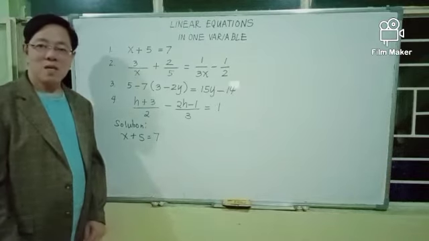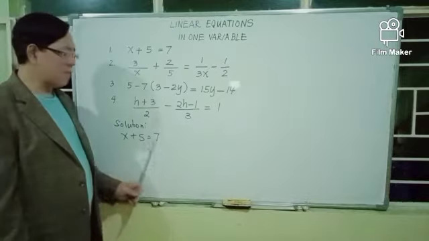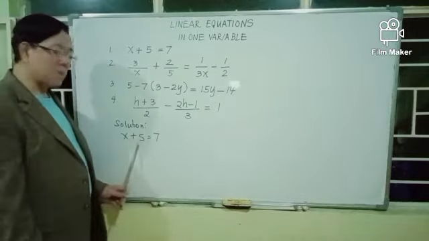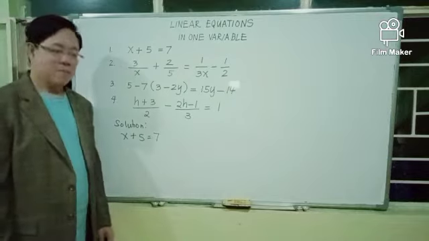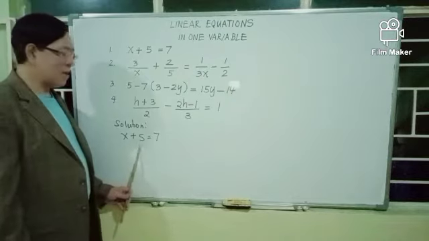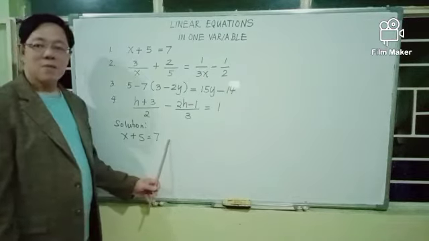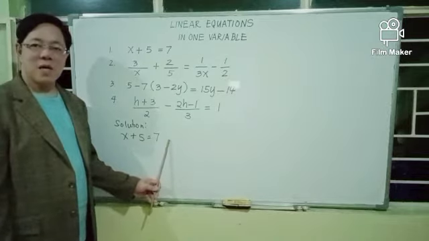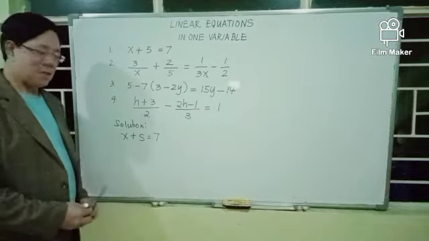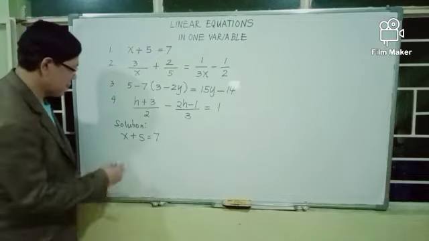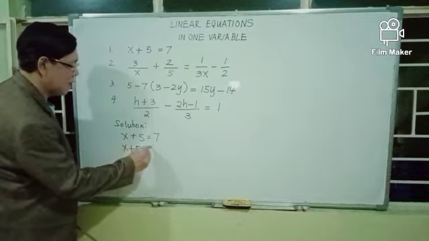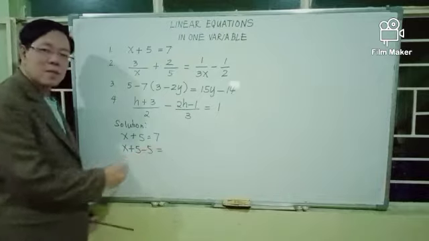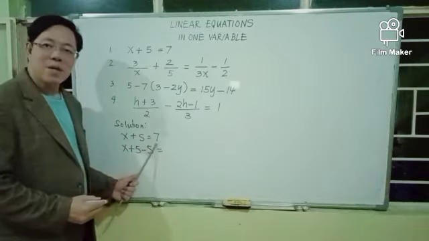The correct process to remove positive 5 from the left hand side is to subtract 5 from the left and to subtract 5 from the right. Let's do that. x plus 5 minus 5 equals 7 minus 5.